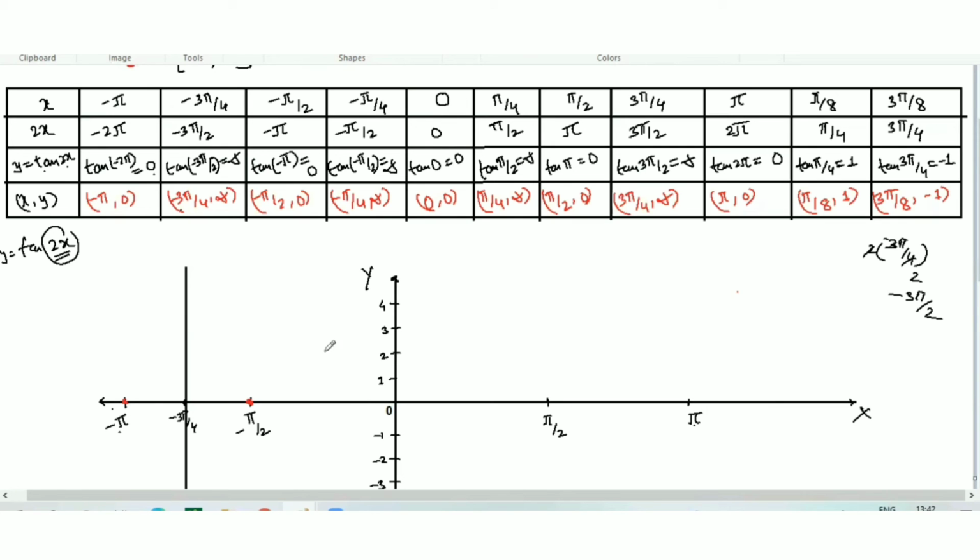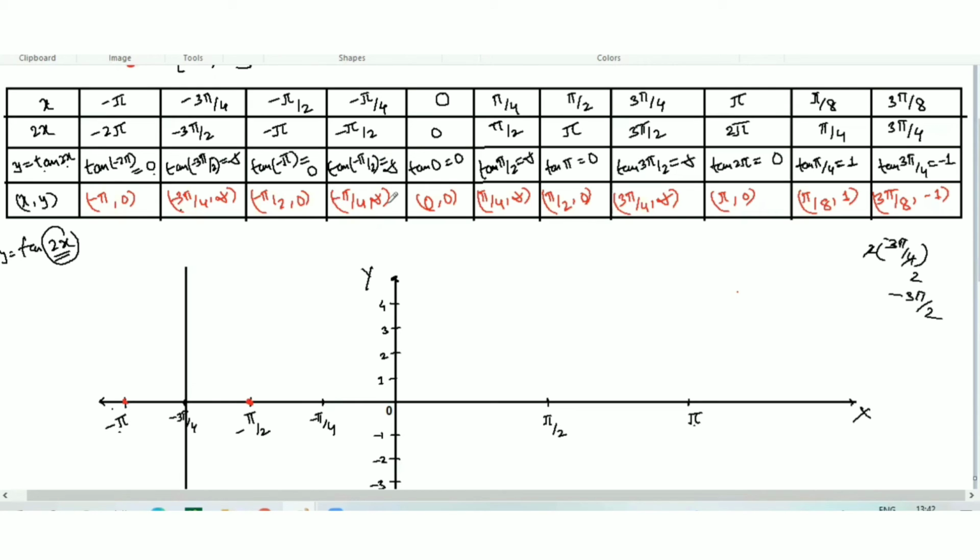The next angle I have taken is minus pi over 4. Minus pi over 4 will come over here. We are drawing the graph between minus pi and pi. You can take this point or not, but I just expanded this question to explain it to you. Multiplying minus pi over 4 by 2 gives minus pi over 2, and if you find tan of minus pi over 2, you will get infinity.